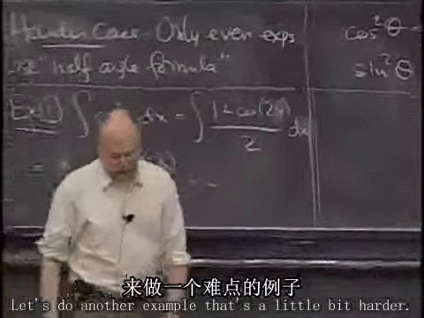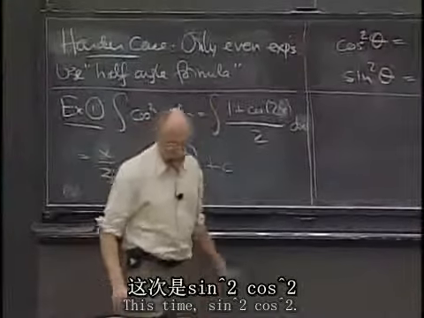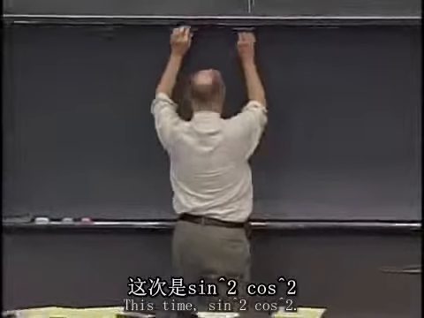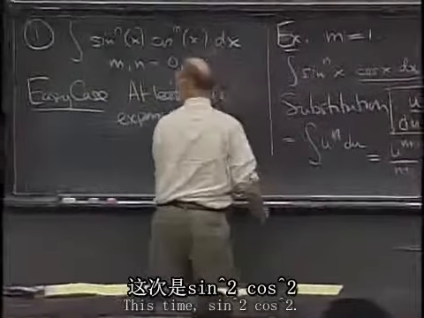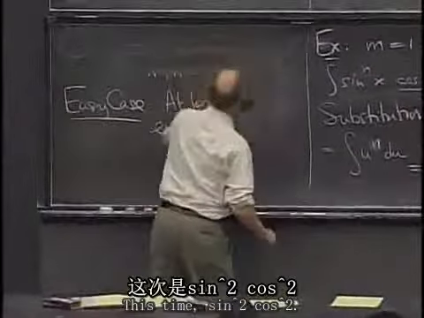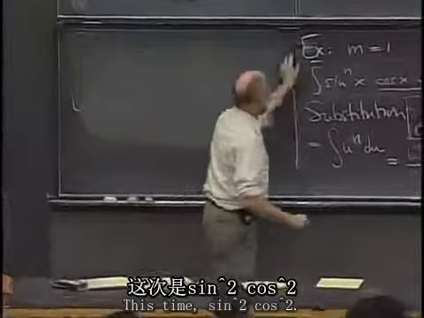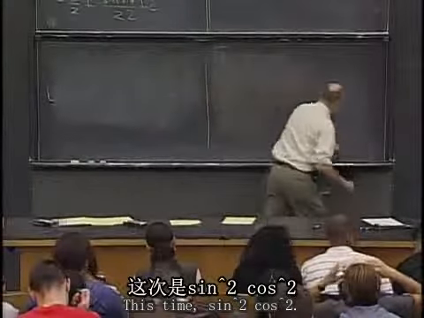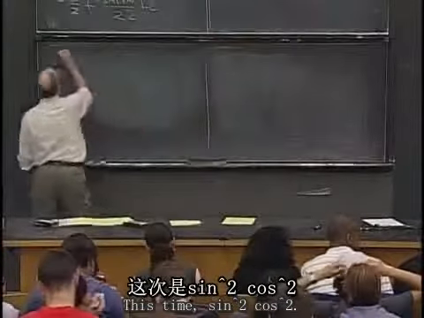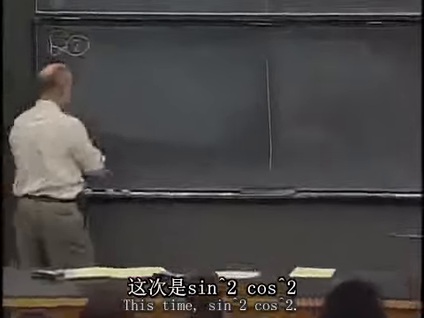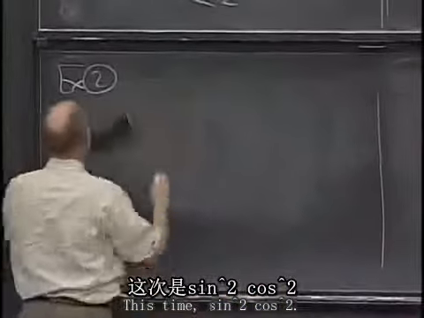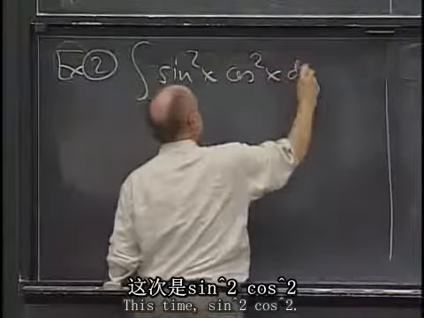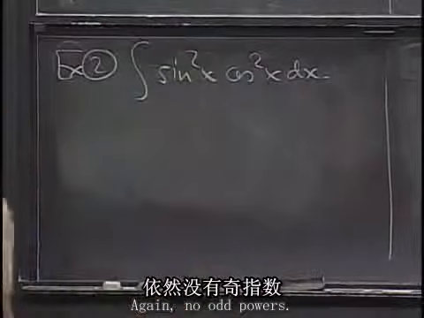All right, let's do another example that's a little bit harder. This time sine squared times cosine squared. Again, no odd powers.